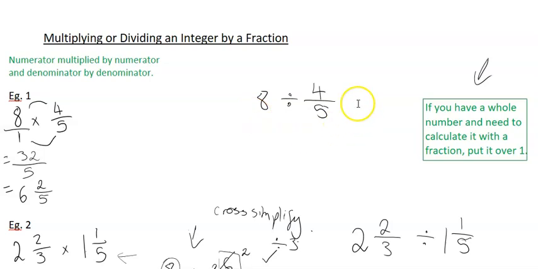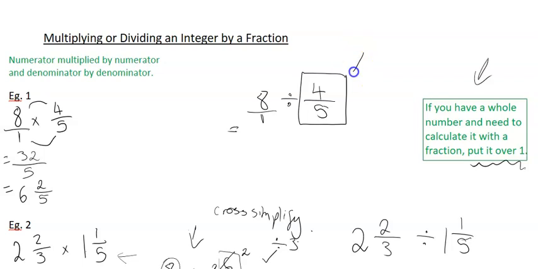Okay, so I'm going to do the quick division explanation for dividing an integer by a fraction or even fractions by fractions. So with this, you still need to put it over 1. So that first step applies when you put 8 over 1. But now the next stage is this. You look at the second fraction of the division.